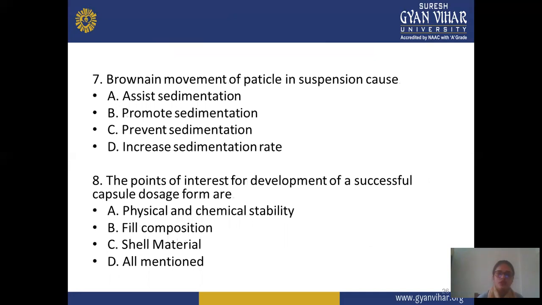Next, seventh question: Brownian movement of particles in suspension is caused by A, assist sedimentation, B, promote sedimentation, C, prevent sedimentation, and D, increase sedimentation rate. And in the eighth question, the points of interest for development of a successful capsule dosage form are: first is physical and chemical stability, B is fill composition, C is shell material, and D is all mentioned.